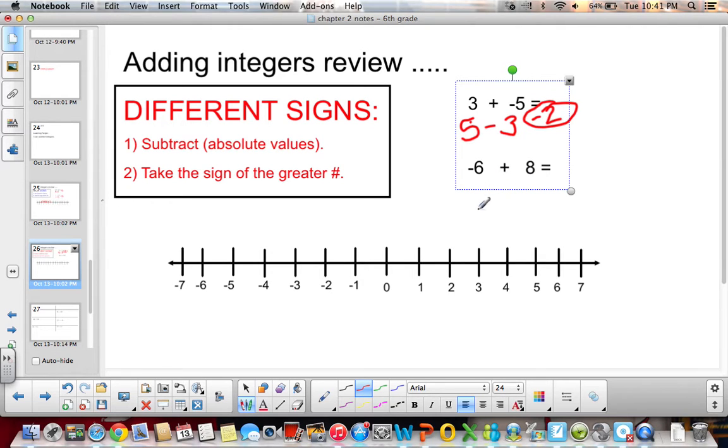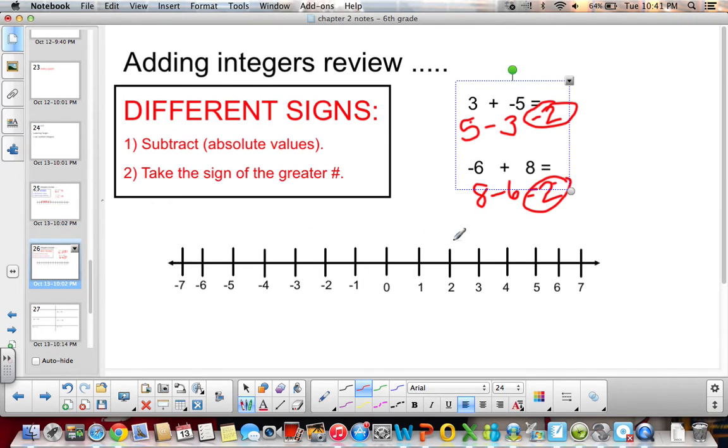Now -6 plus 8, so we take 8 minus 6, and we get 2, and then take the sign of the greater absolute value, which would be 8, and 8 is positive, so it is +2.